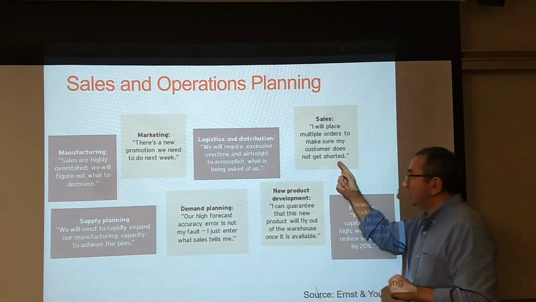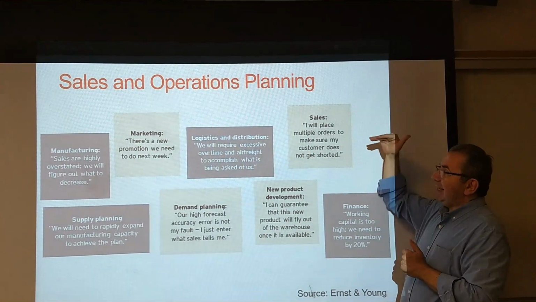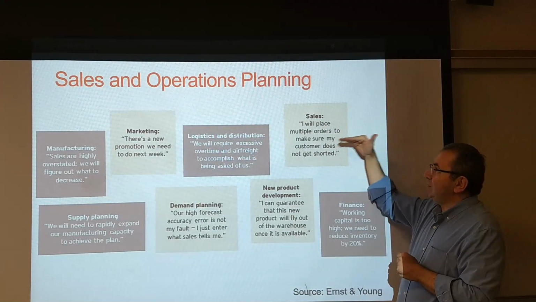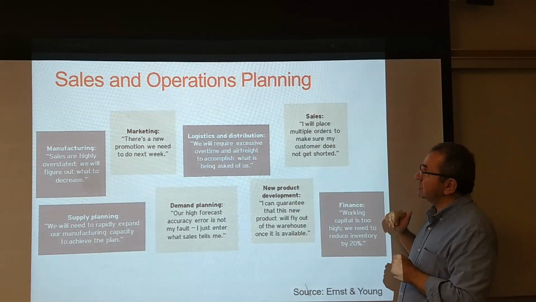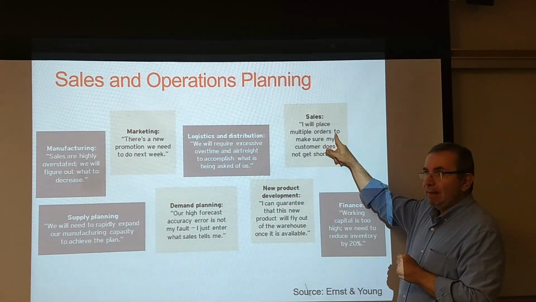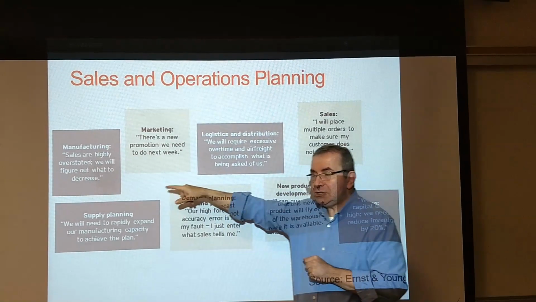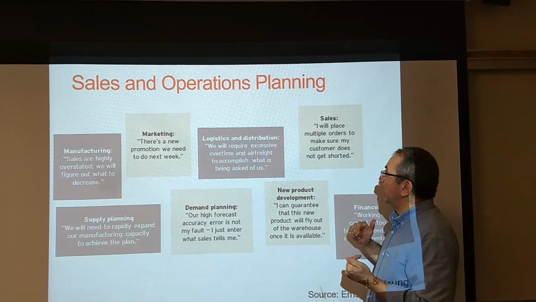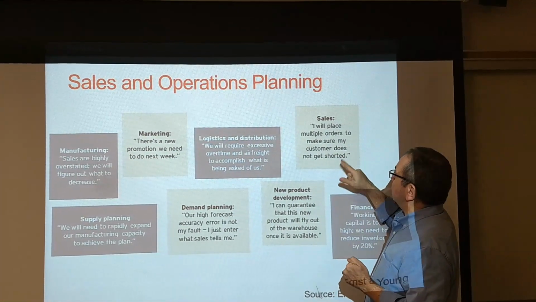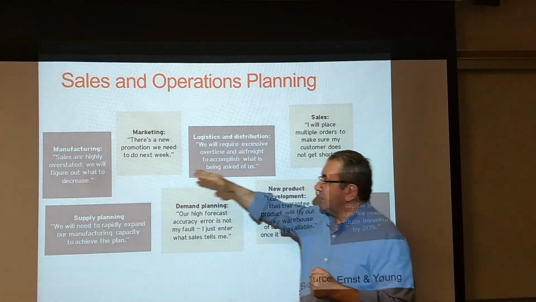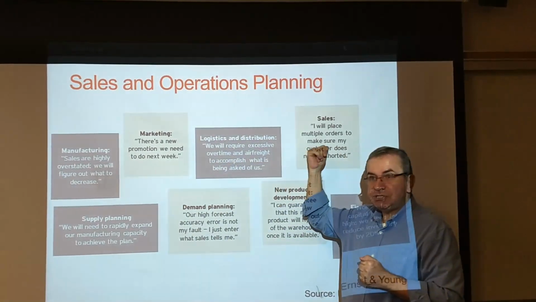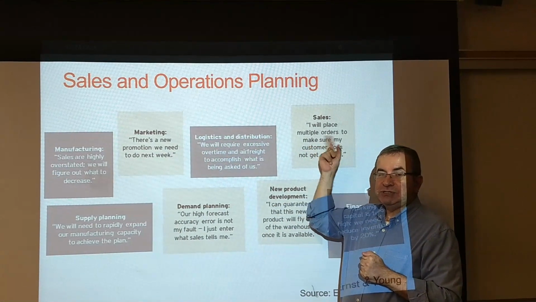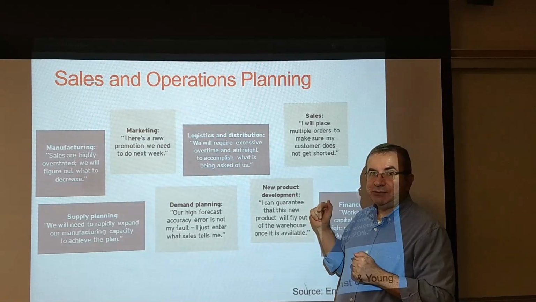So they take a single order and enter multiple duplicate orders into the system, because they know manufacturing will cancel some of them without asking. As soon as manufacturing produces one of these duplicate orders, they'll automatically delete the other orders.